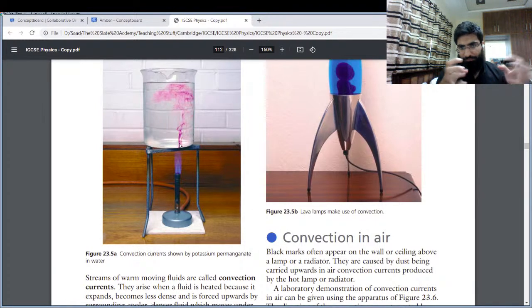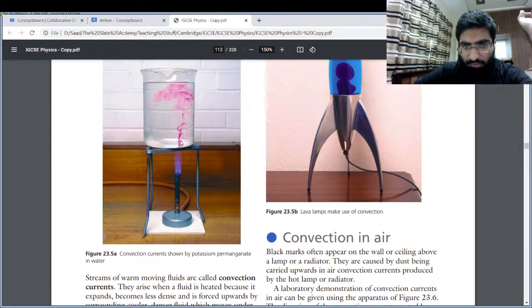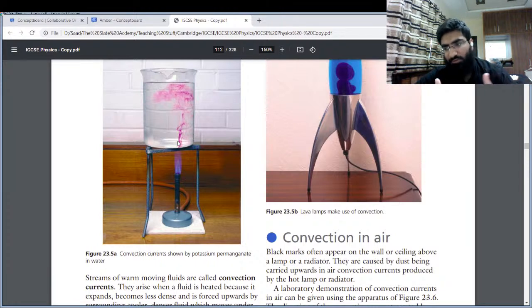Are you following me? Okay, so when the distance between these molecules increases, would their density increase or decrease? If I heat this beaker and the molecules vibrate, in solids they are packed together, so they can't move farther apart. In liquids there is more room, so the distance between the molecules increases even further.